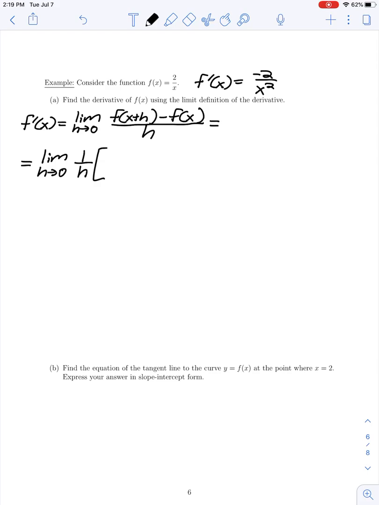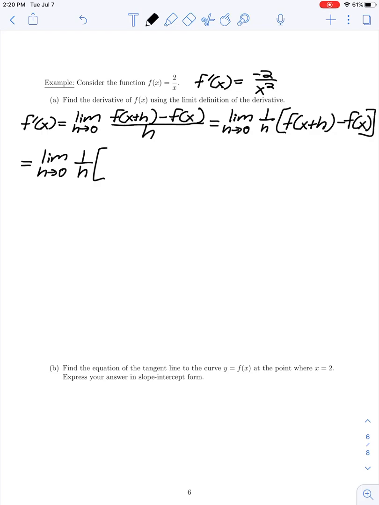So here another way that I could write this is the limit as h approaches 0 of 1 over h times my numerator, f of x plus h minus f of x. And for notational convenience, I'm going to make use of that in this example.